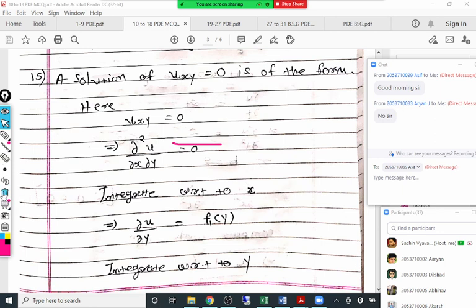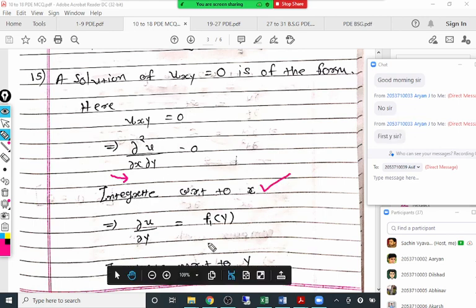So is what was written by Neil correct? Whether you have to integrate with respect to x first or y first. What Neil wrote is correct actually. Yes, not y, it is first x only. See, the outer operator is dou by dou x now.